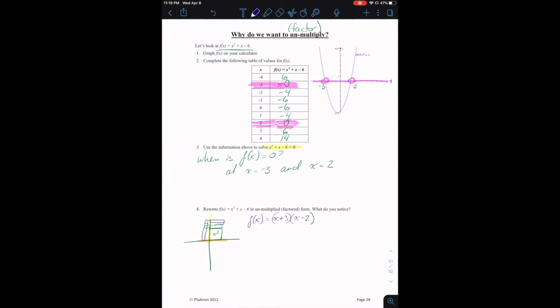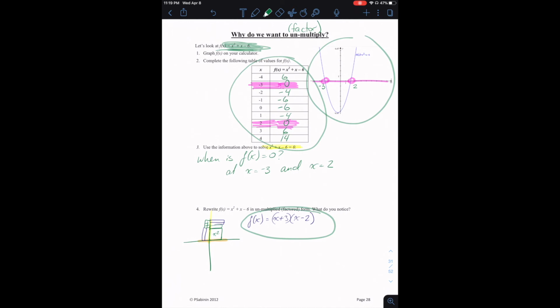Well, what does that tell us about the function? So we have now 4 ways that we've represented the function. We have the original equation that was given to us. We have a graph and a table. We know that, and we have this factored form.